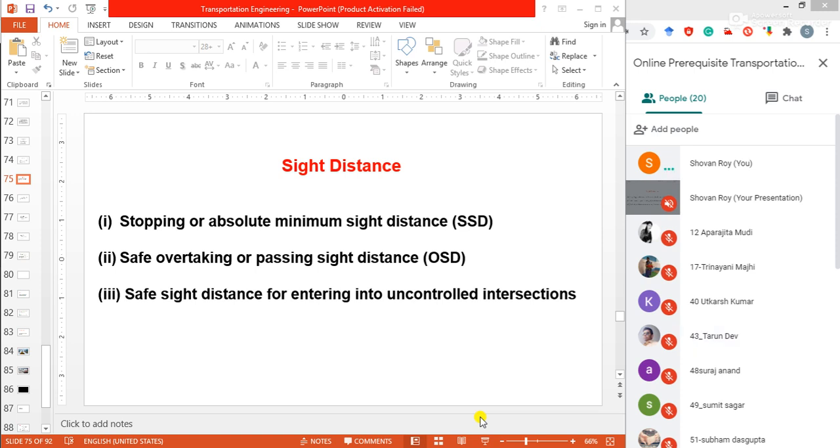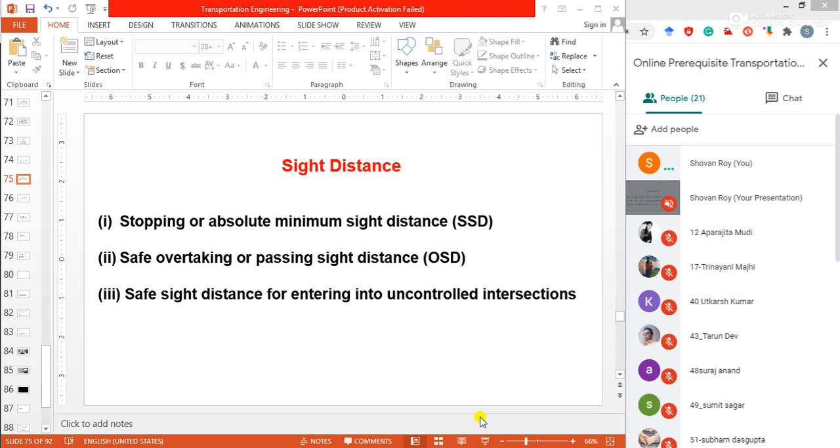Sight distance available from a point is the actual distance along the road surface at which a driver, from a specified height above the carriageway, has visibility of stationary or moving objects.